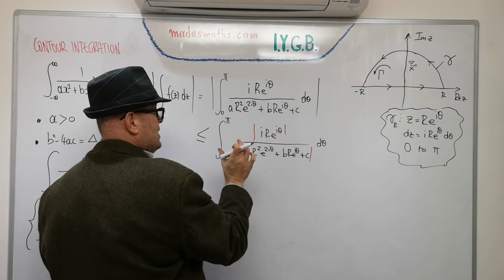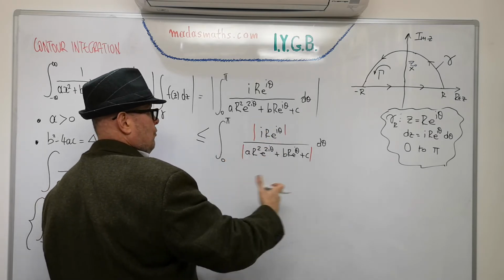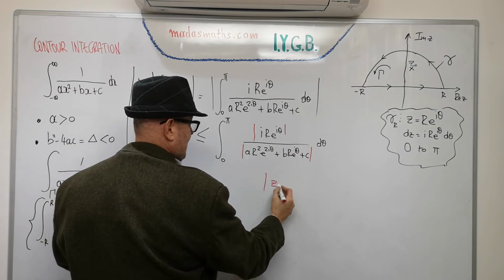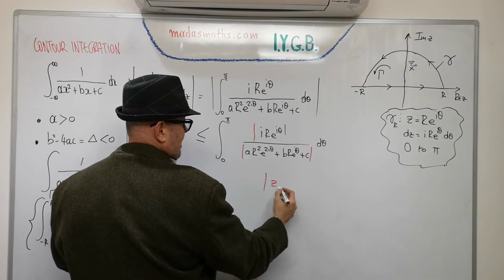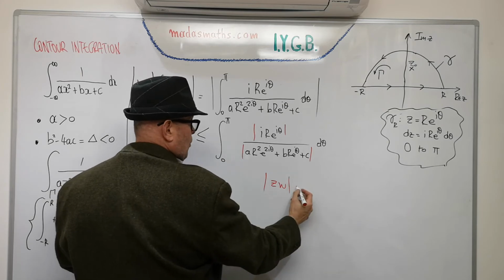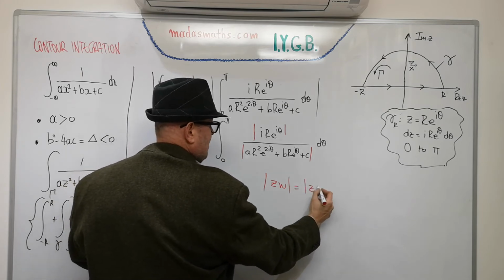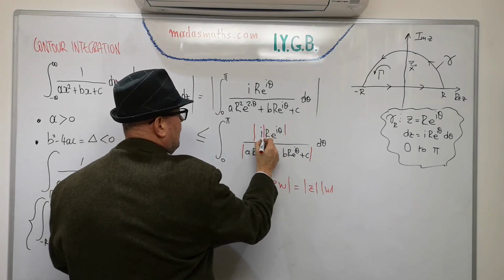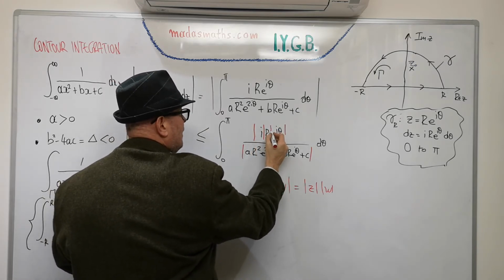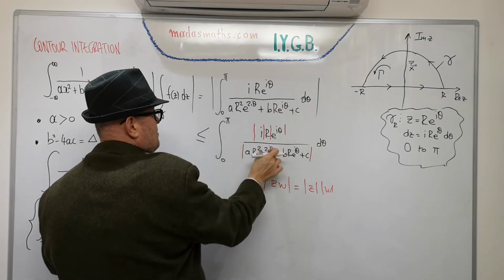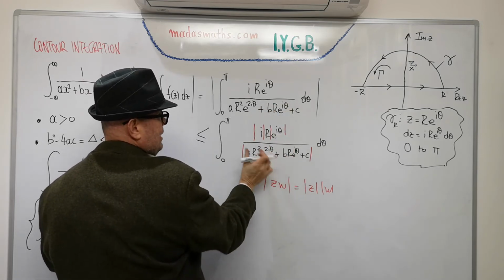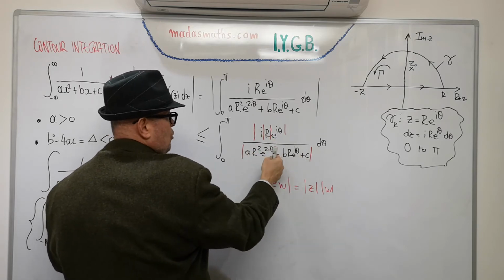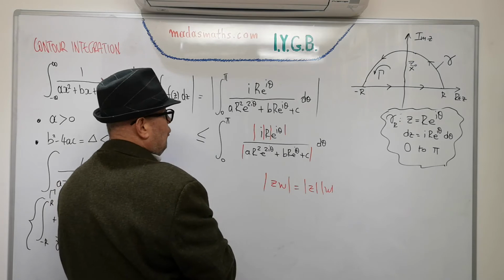Then for a product of several things, the mod of z times w, real or complex, is of course mod z times mod w. So I'm going to apply this on the top, that's modulus of that times modulus of that times modulus of that. I cannot do it in the denominator, although I could do it individually if the plus weren't there. Because of the plus, I cannot do that.